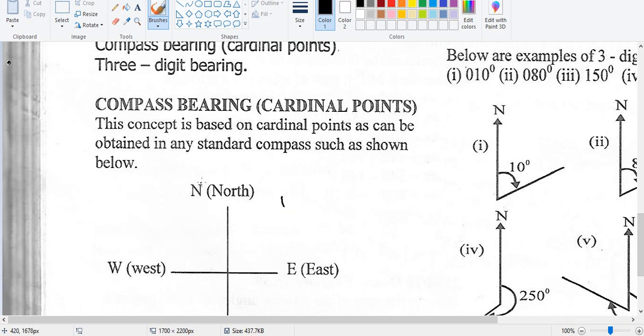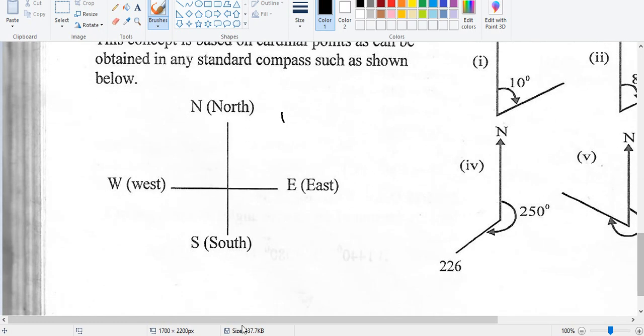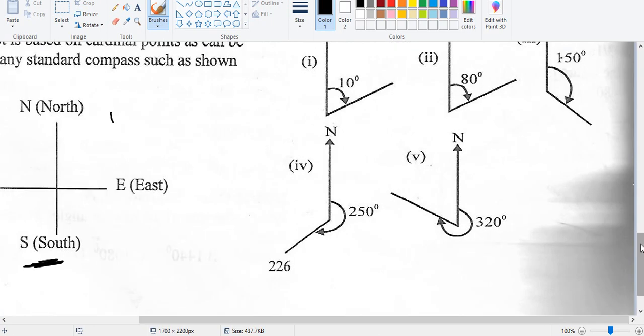So we can see that this is our north pole, east, right? And then we have our south down. Can you see our south? Yes. And then our west. So for compass bearing, you need those points, those cardinal points.